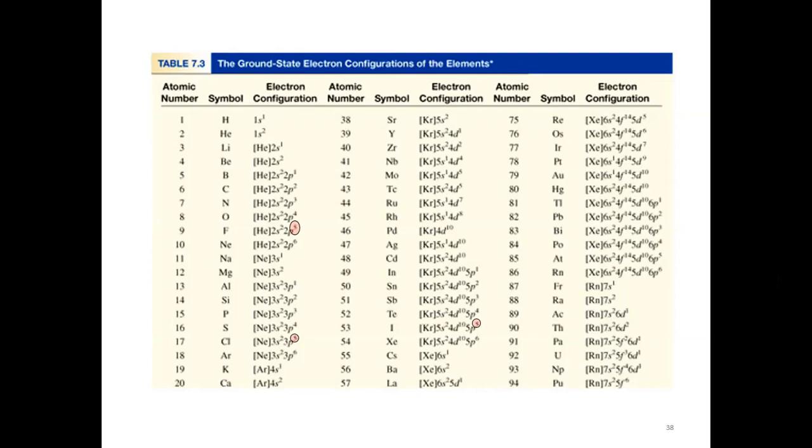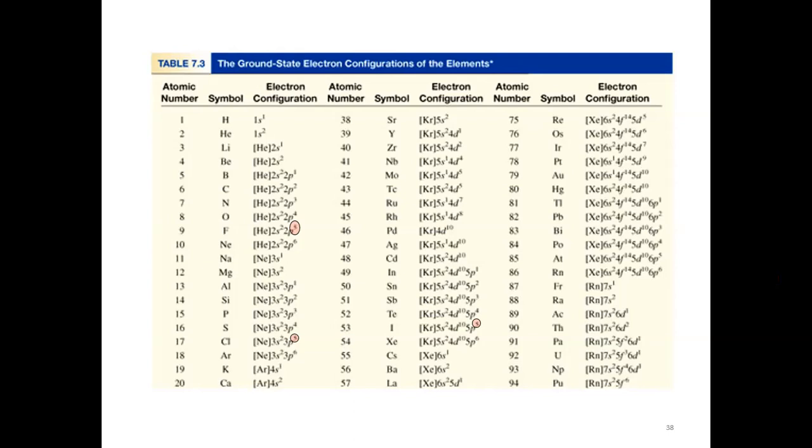First of all, in their outermost, or the last subshell that is filled with electrons, all of them have exactly 5 electrons. Not only that, but the outermost shell being occupied for fluorine, it's 2, for chlorine, it's 3, for iodine, it is 5. In other words, it corresponds to actually the period that these elements are in the periodic table.